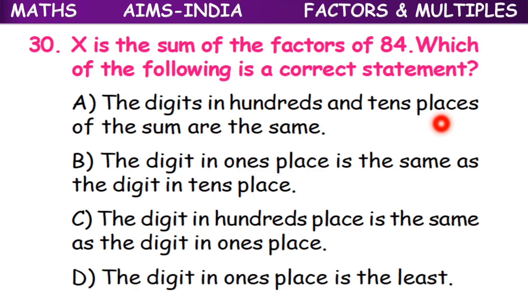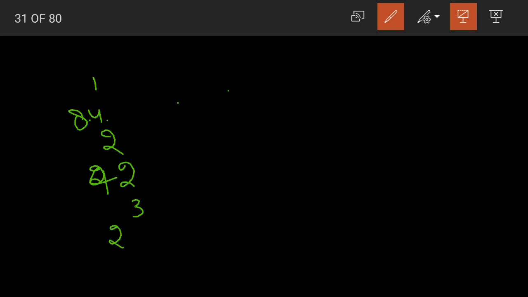So how many hundreds are there in the sum? There are 3 hundreds. So option D becomes our correct answer. Next, x is the sum of the factors of 84. Which of the following is a correct statement? Again, sum of factors of what? 84. Now we have 1 84s are, then 2 42s are, then we have even in 3 table 8 plus 4 becomes 12. Yes or no? So 12 is a multiple of 3. It is divisible by 3 as well. 3 2s are 6, 3 8s are 24.